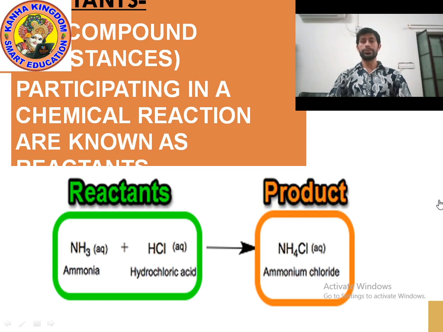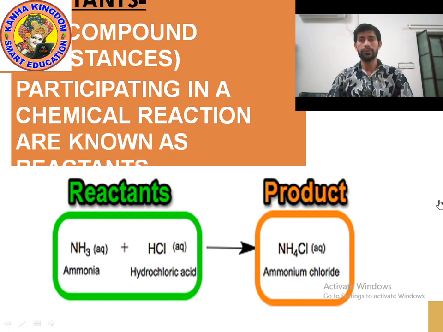Hydrochloric acid is also present in our stomach. When ammonia reacts with hydrochloric acid, the result is NH4Cl. NH4Cl means ammonium chloride.